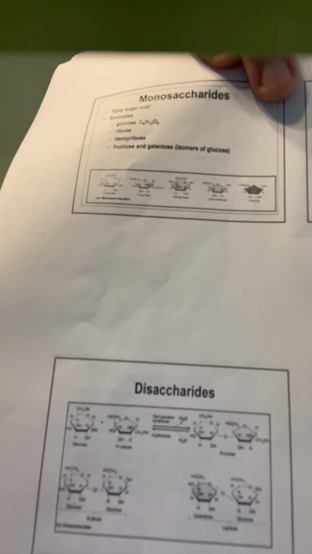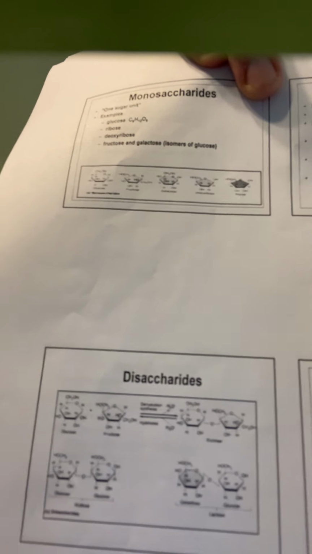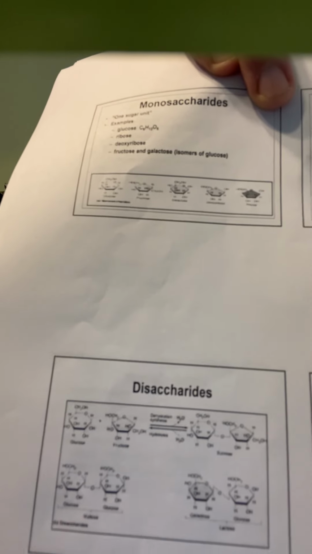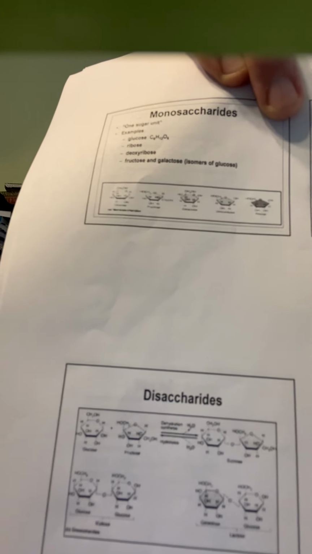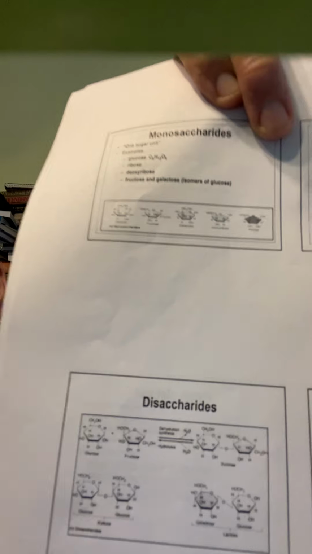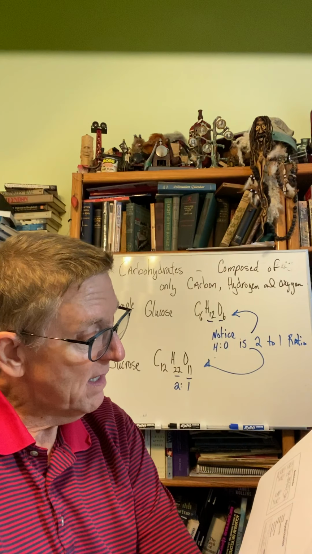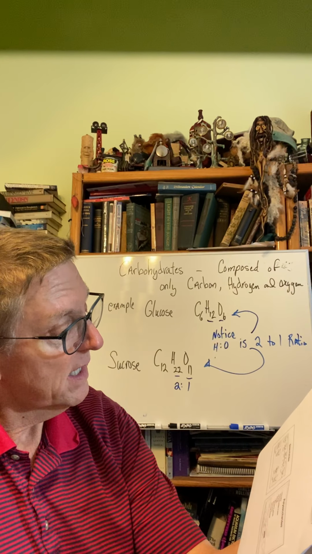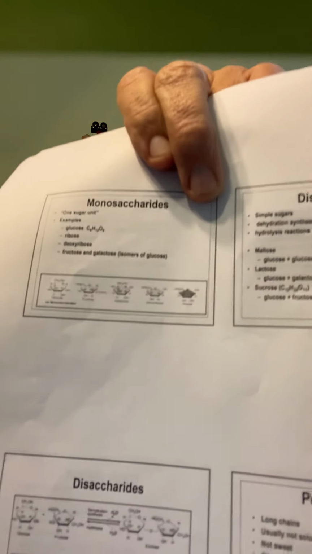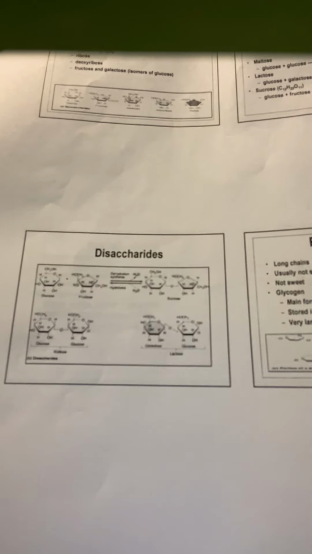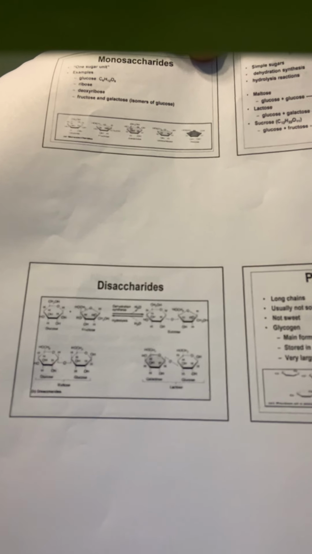And you can see if you follow it to the right, they're going to be put together as a disaccharide. And you notice it says plus water. Yeah, so up here on the arrows, it shows the water coming off.